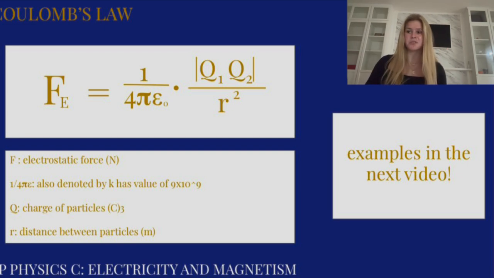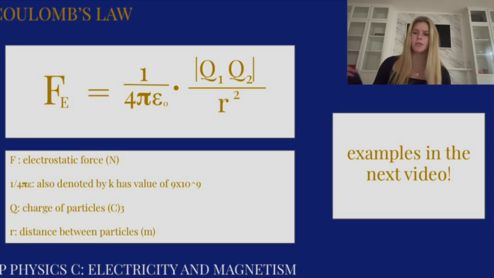F is force, we all know that, and the little E at the bottom just indicates it's electrostatic force, dealing with electricity and charges. Then it equals this 1/(4πε0). This whole value can also be denoted by the letter K. You'll see that a lot too. And that whole thing has a value of 9 times 10 to the 9th.